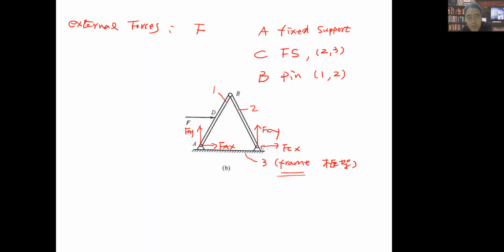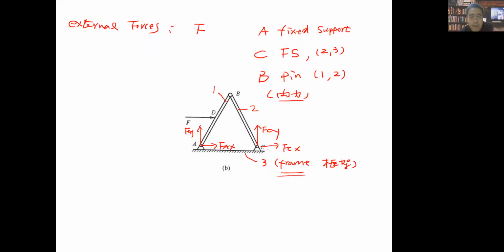But the forces between AB and BC at point B are internal forces, we call 内力, right? Because there is a force acted by BC on AB, and another force acted by AB on BC, these two forces counterbalance each other. So we do not need to consider them.